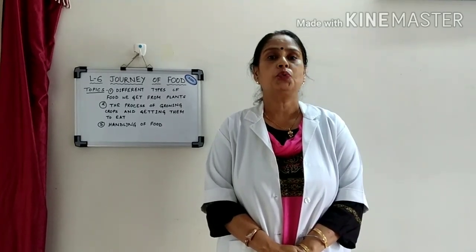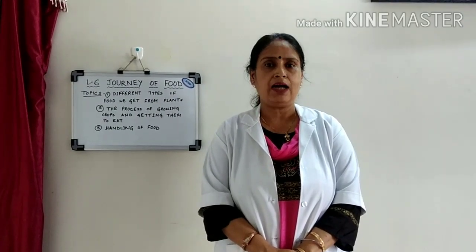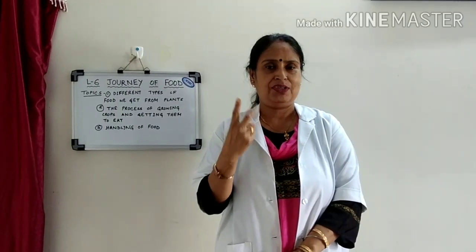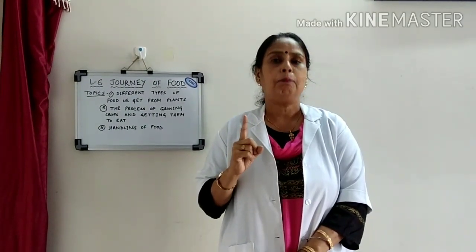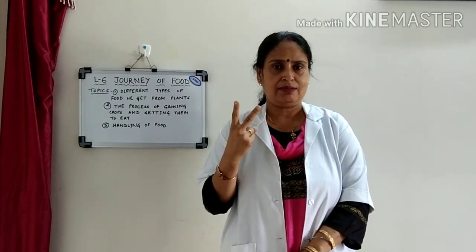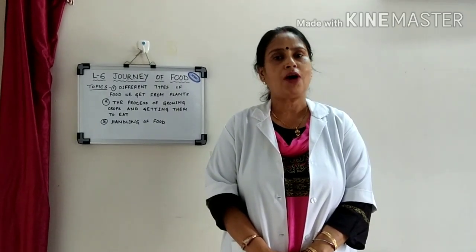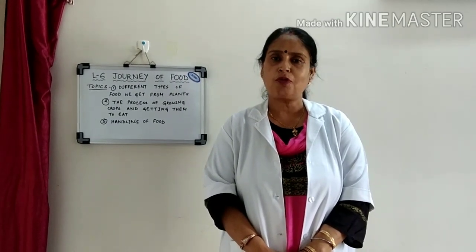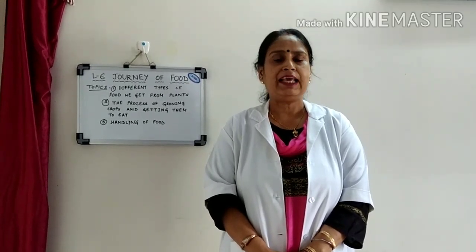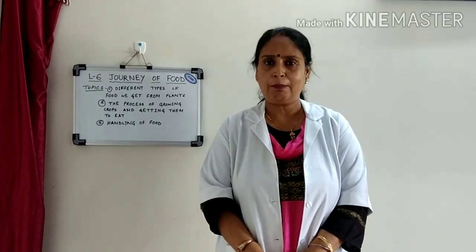Means the sources of food. There are 2 sources of food. Number 1, plants. Number 2, animals. But a large portion of our food comes from the plants. We get different types of food from the plants.